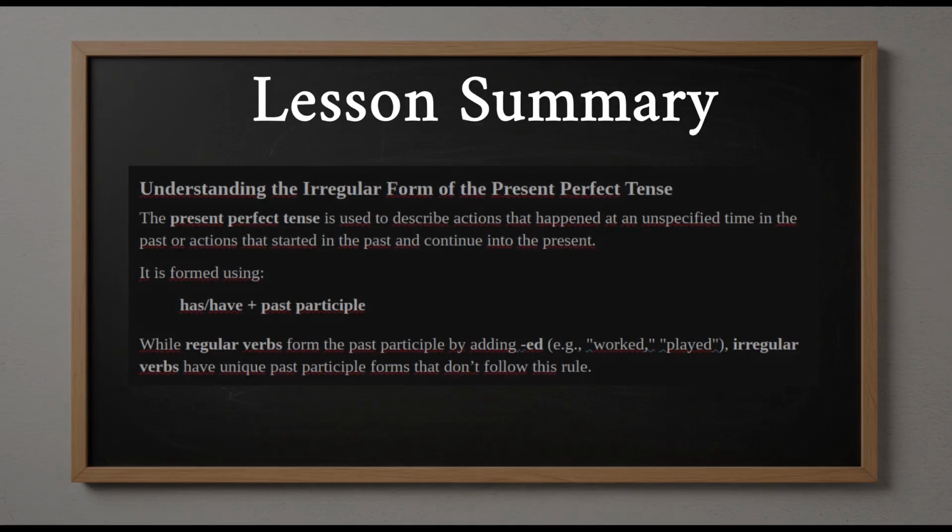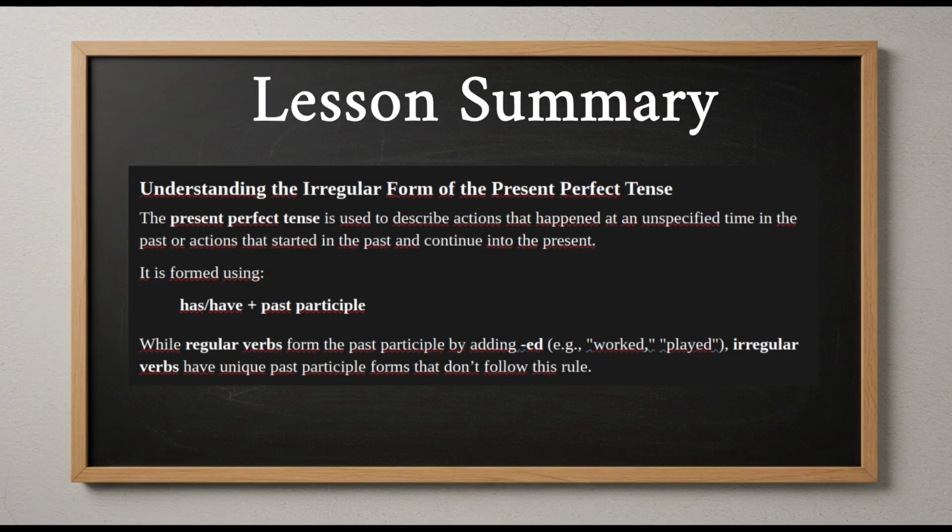So let's have a little summary of what we learned today. The present perfect tense is used to describe actions that happen at a non-specific time in the past, or actions that have started in the past and continue into the present. The basic structure is has or have plus the past participle, while regular verbs form the past participle by adding ed.